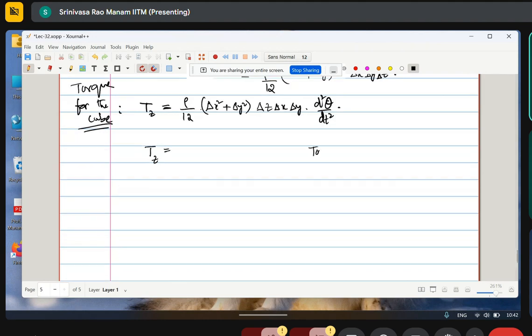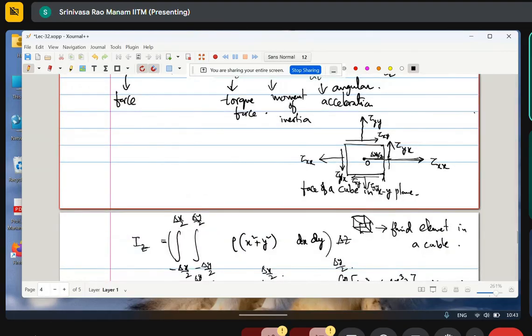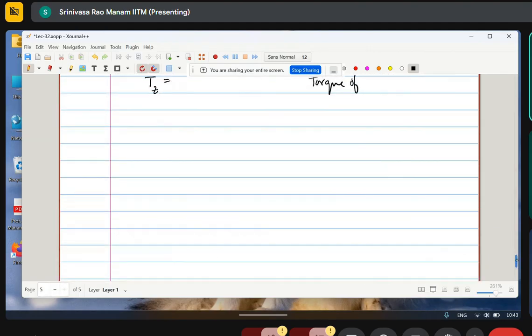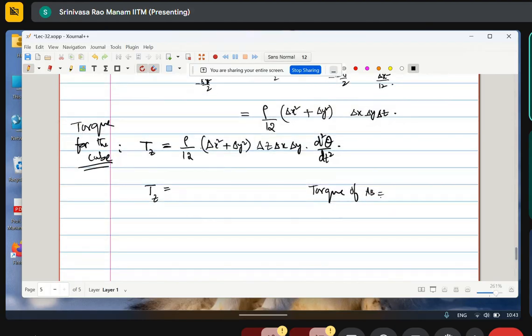So the torque of this face, let me call it AB. You understand that AB, okay? The torque of AB equals, with reference to the origin, right? So we'll have delta X by 2 into that force, tau.